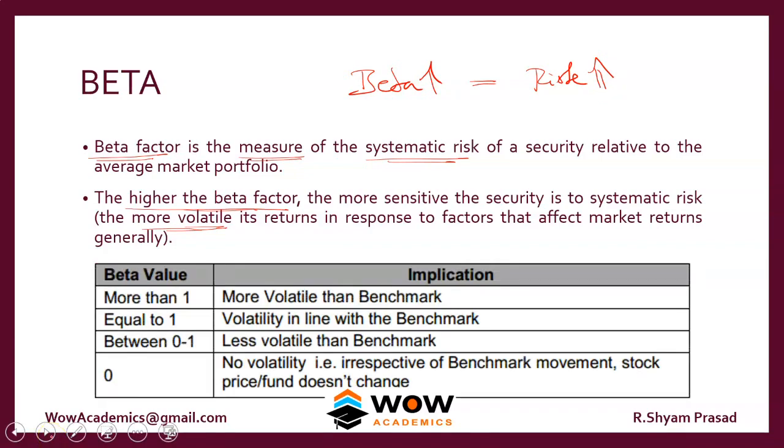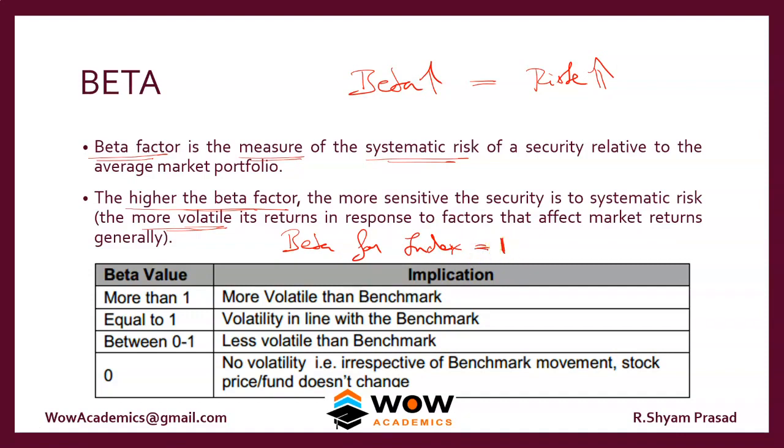We can also say that if the beta is more than 1, the company's share is more volatile than the benchmark, something like Nifty or Sensex. If it's equal to 1, the volatility is in line with the benchmark. The beta for the index of any country is fixed at 1.